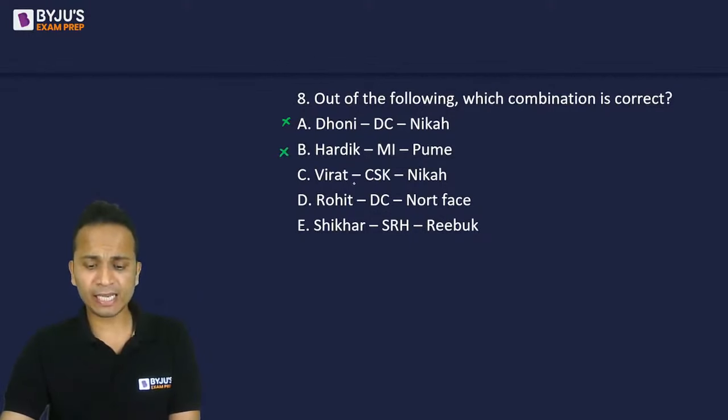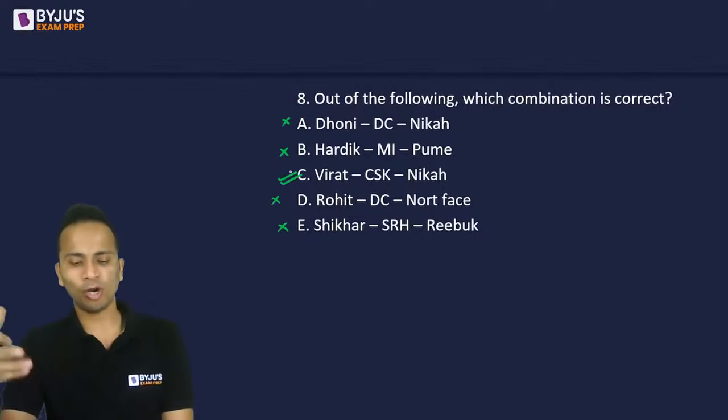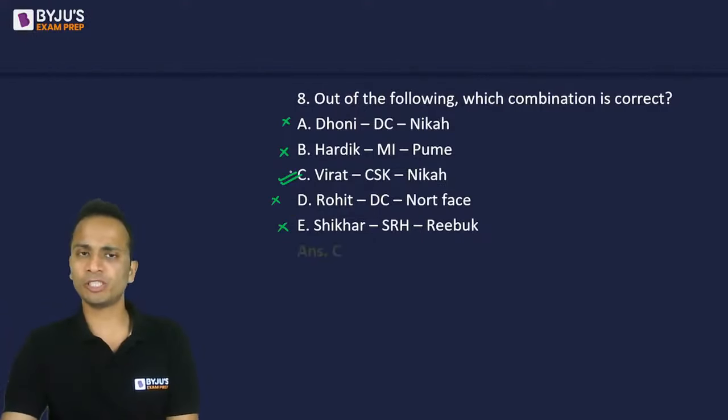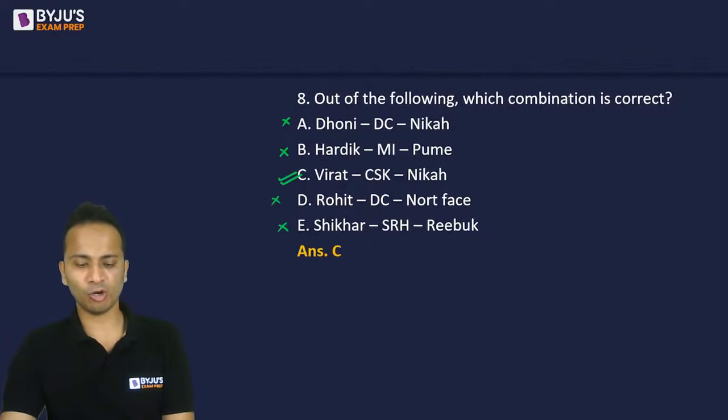Virat, CSK, yes, and Nike. So Virat, CSK and Nike, yes, this is correct. So I can mark option C as the answer. Let's check further as well. Rohit, DC: no, Rohit is not from DC. And Shikhar is from SRH but does not like Reebok. So four options are eliminated. Obviously the answer is option C, as correctly given by all of you.